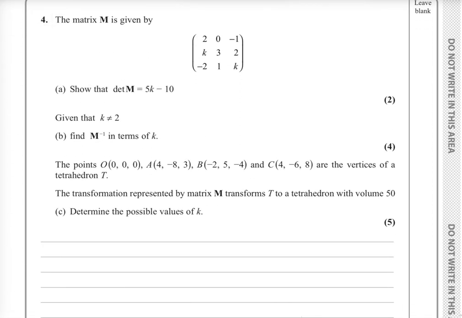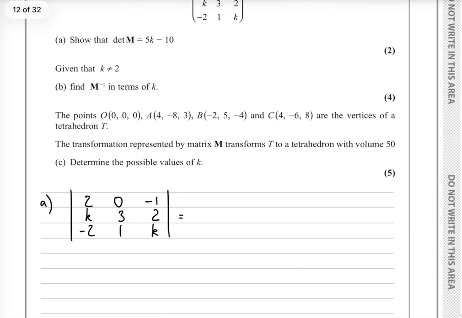Here we've got a matrix M. Show that determinant of M is equal to 5k minus 10. So here's our determinant, and we do the first element 2 times by its minor, 3 times k minus 2 times 1, minus 0 times by its minor, k times k minus 2 times minus 2, and then plus minus 1 times its minor, k times 1 minus 3 times minus 2.